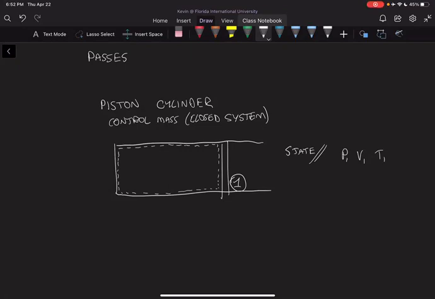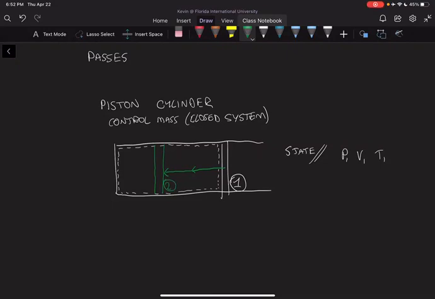And then we're told that our piston is going to move to a new position down this way, to a new point. And this new point is going to be called point 2.